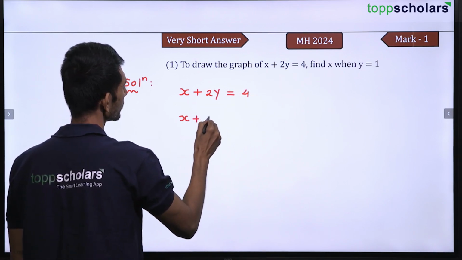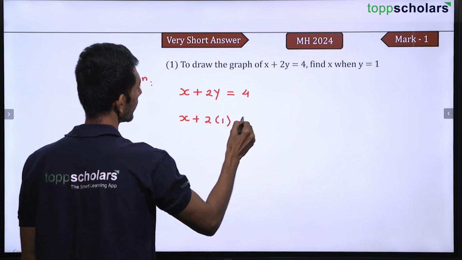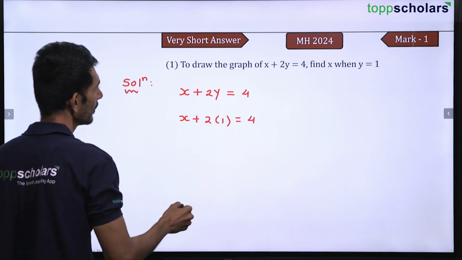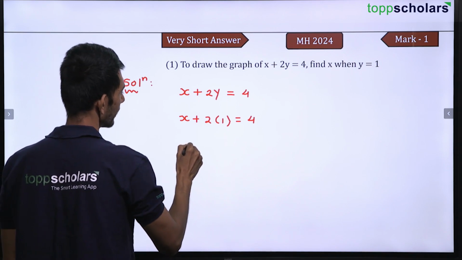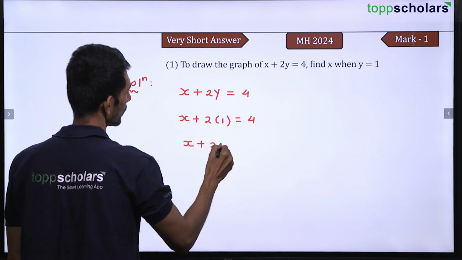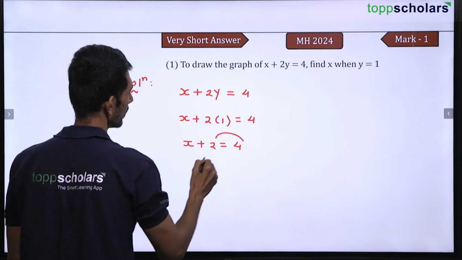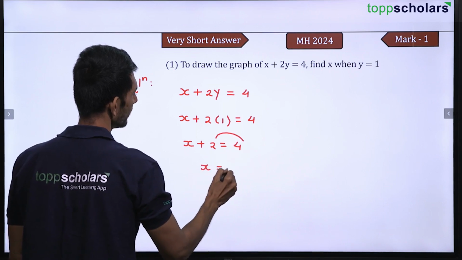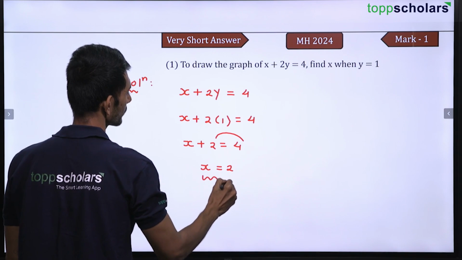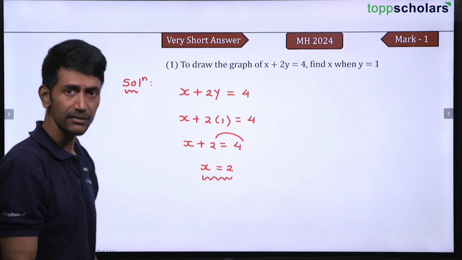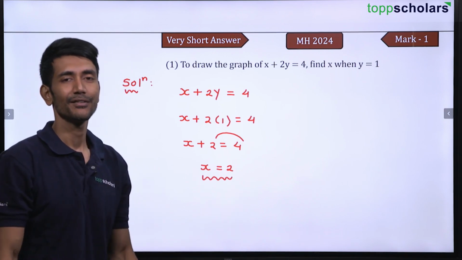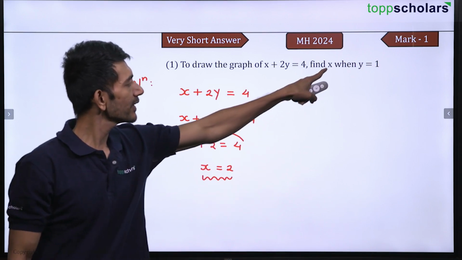So x plus 2 into 1 is equal to 4. So can I say x plus 2 is equal to 4 and then you get the value of x as 4 minus 2, that is 2. So the value of x is 2. Simple, very easy.